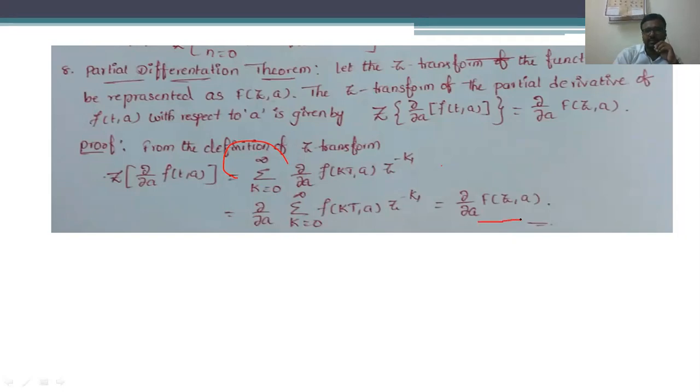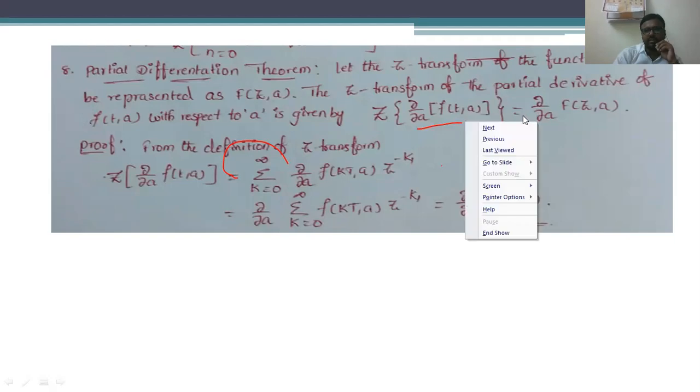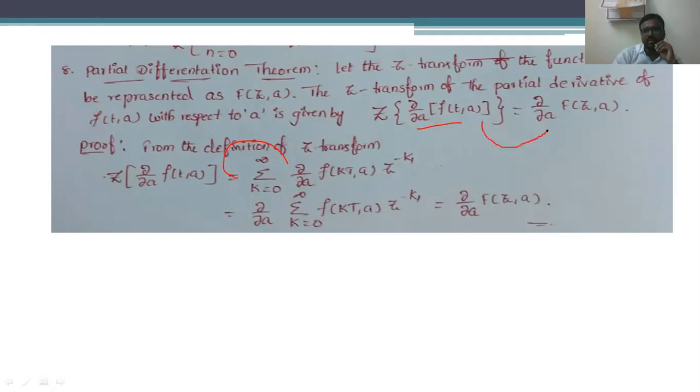And simply it can be represented as dou by dou a of F of z comma a.